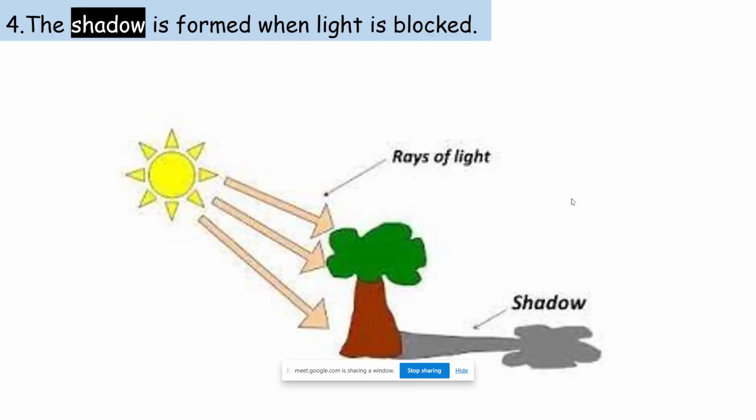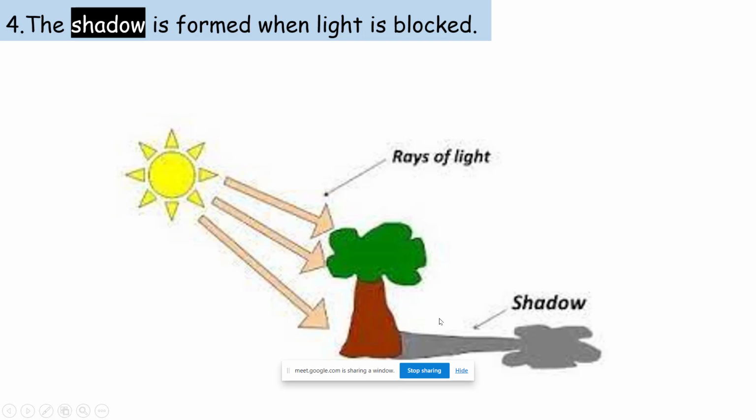Next one, the shadow is formed when light is blocked, right? Can you see the shape of the shadow? If the light was blocked by the tree, the shape of the shadow will look like the tree. If the teacher changes the tree to a person standing here, what about the shape of the shadow?